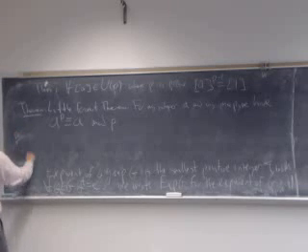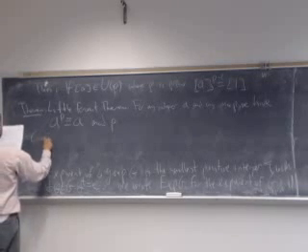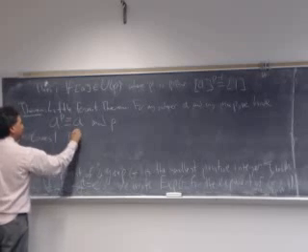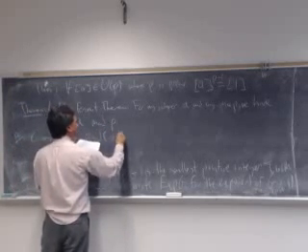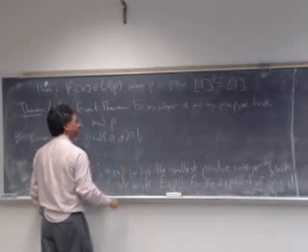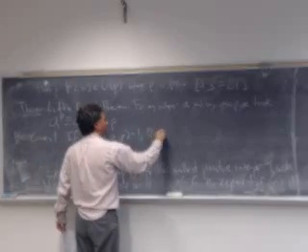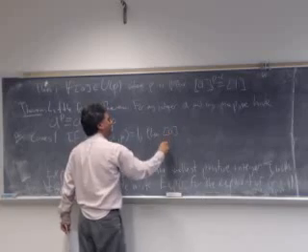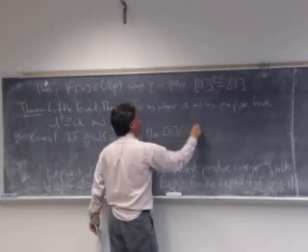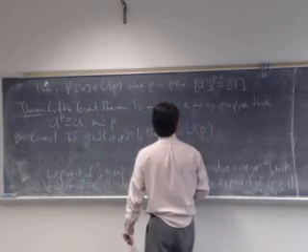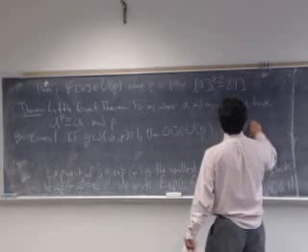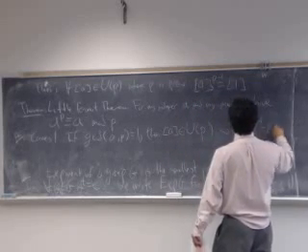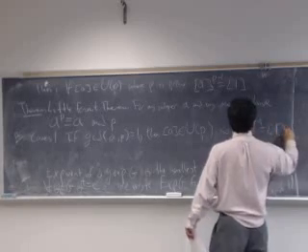So let's look at the proof. We'll split it in two cases. Case 1, if the GCD of a and p is equal to 1, then if a is relatively prime to p, that allows us to think of a as being an element in U(p). So a to the p minus 1 has to be 1.